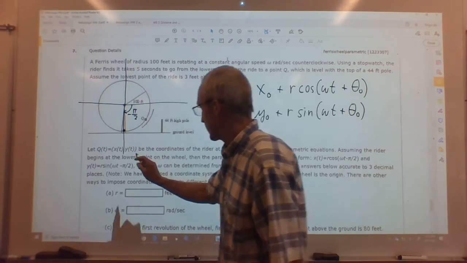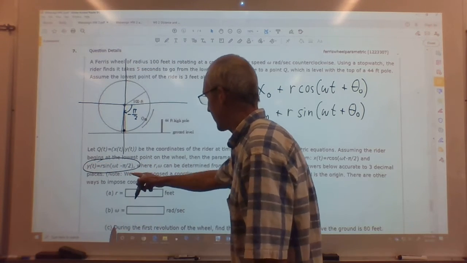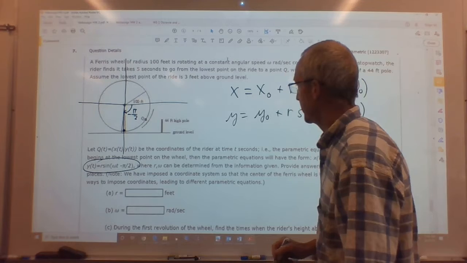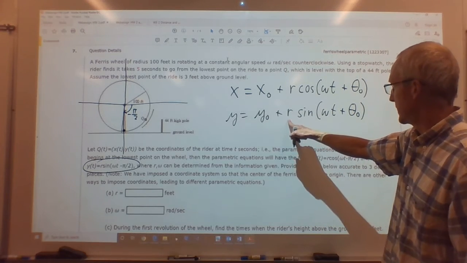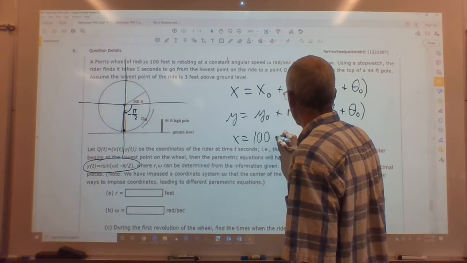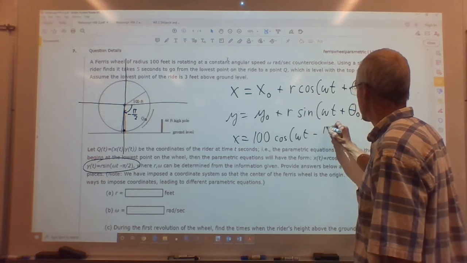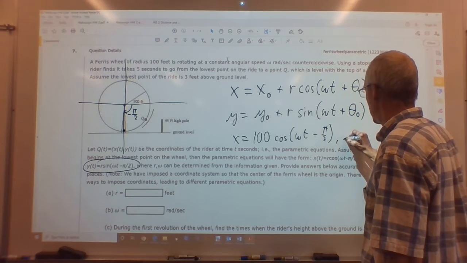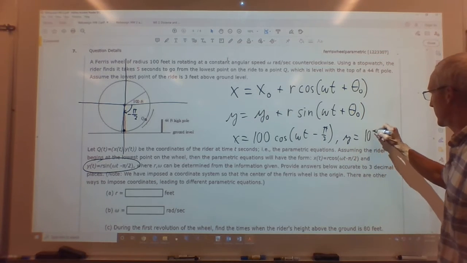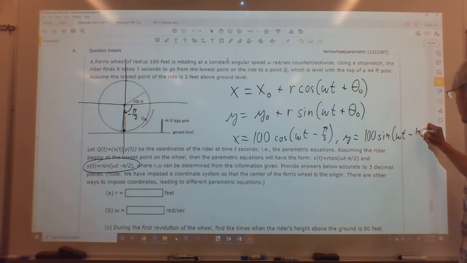Now r is clearly 100, so we can rewrite these as x is equal to 100 cosine omega t minus pi over 2, and y is equal to 100 sine omega t minus pi over 2.